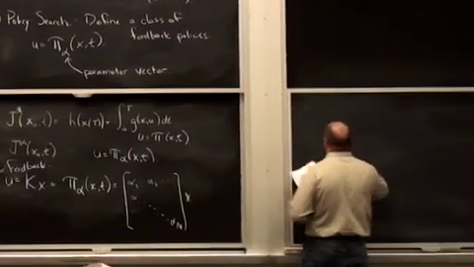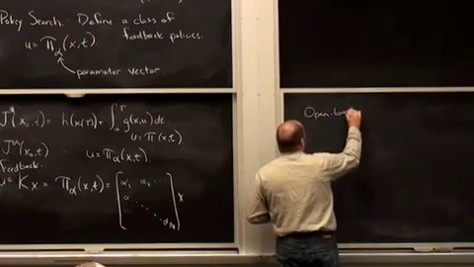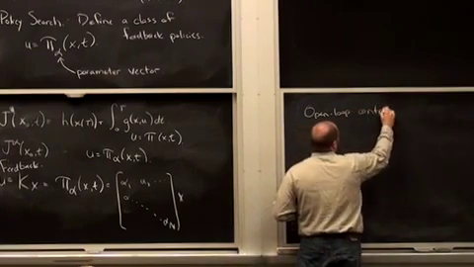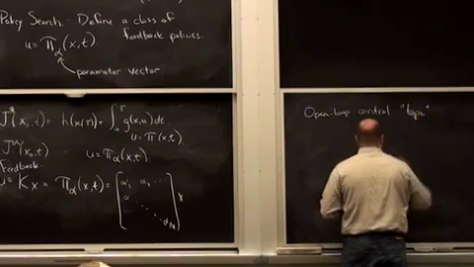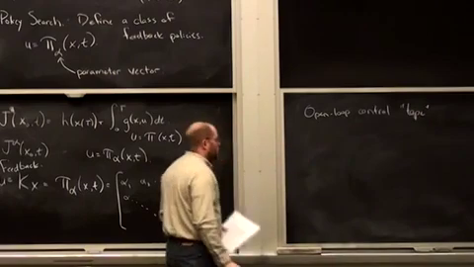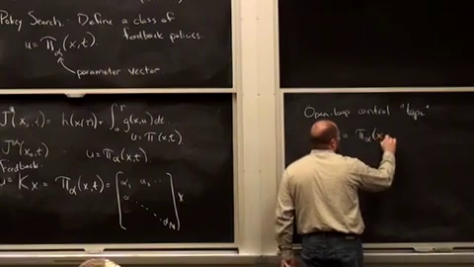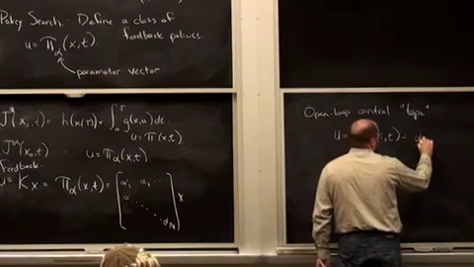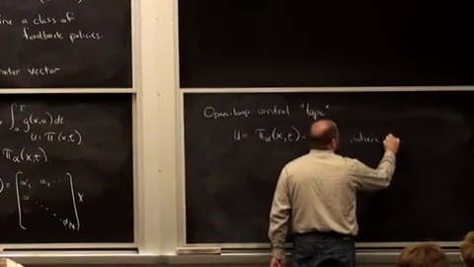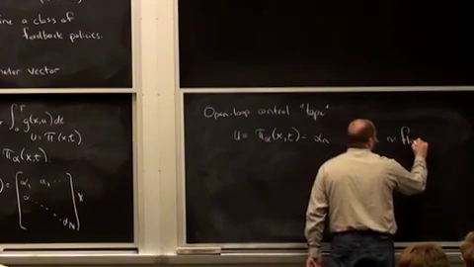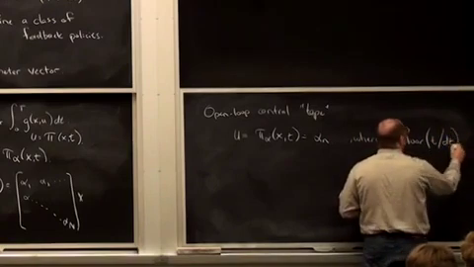A very common parameterization is an open loop control tape, I'll call it. In the simplest form, let's say u is just a zero order hold. Is that a reasonable way to write it?